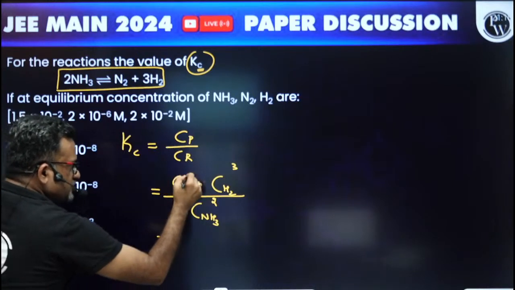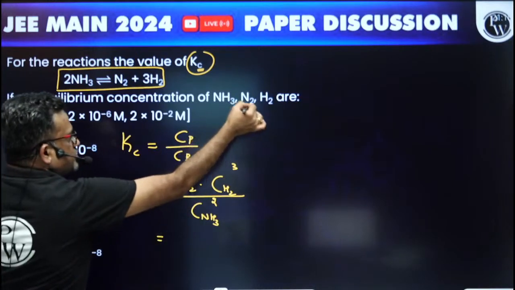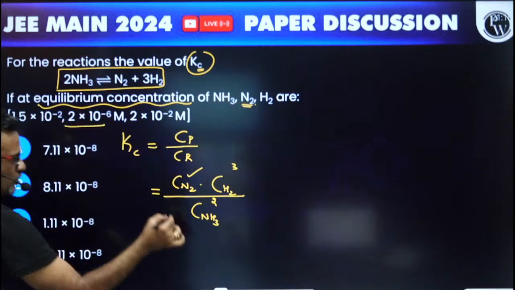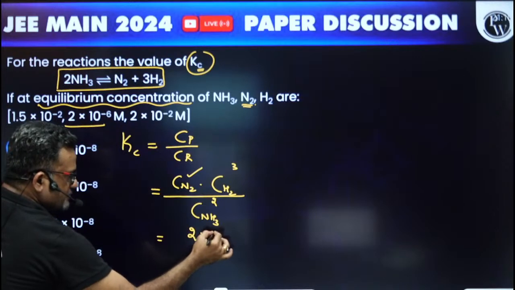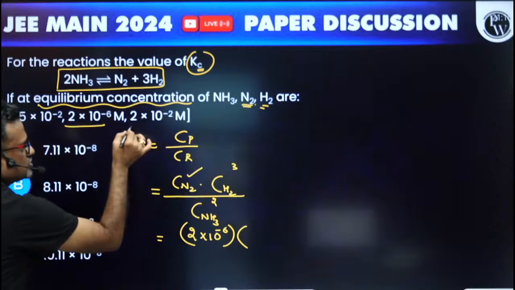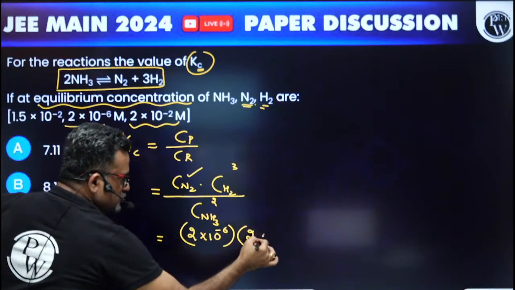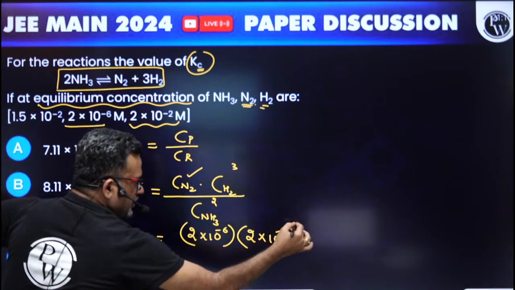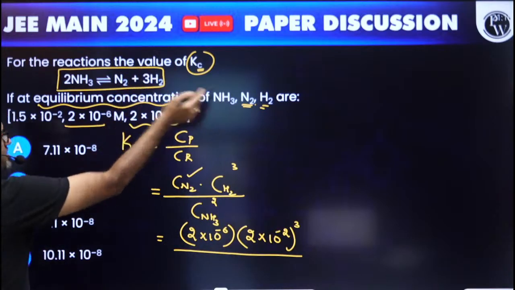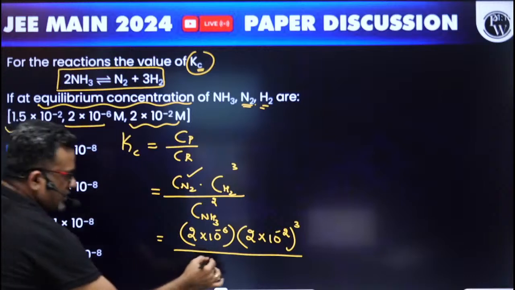What is the concentration of nitrogen given? Molar concentration of nitrogen is 2 into 10 raised to minus 6. Concentration of hydrogen is 2 into 10 raised to minus 2, raised to 3, very simple. Concentration of ammonia is 1.5 into 10 raised to minus 2.